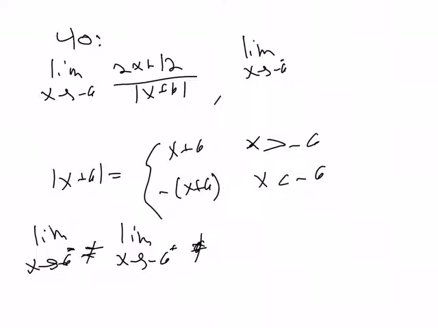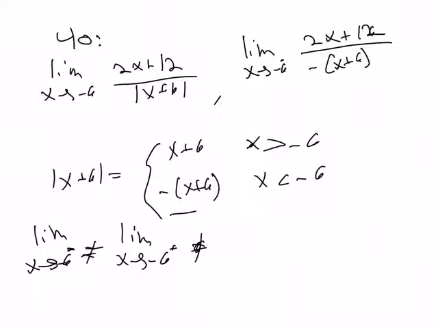so we're going to do 2x plus 12 over, and now x is coming from the left, so it's smaller than negative 6, so we're going to use this definition, so it's going to be negative x plus 6.